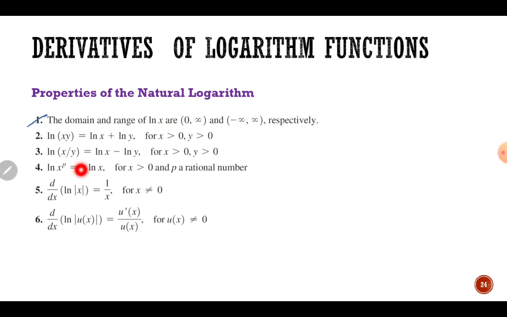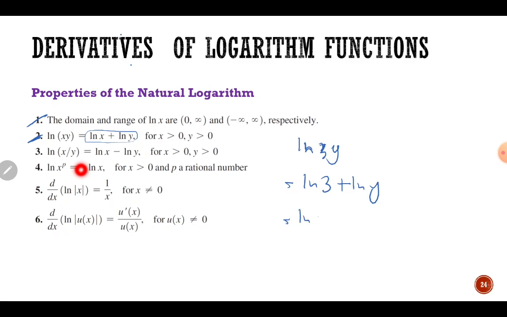Nombor 2, kalau kita ada dua variable ln x times with y, kita boleh pecahkan dia jadi ln x tambah ln y. For example, kita ada ln xy. Kata ln 3y, maknanya you boleh pecahkan dia jadi ln 3 tambah ln y.